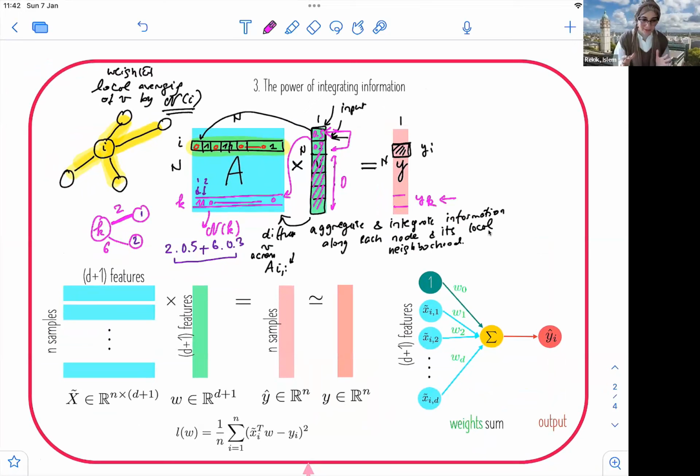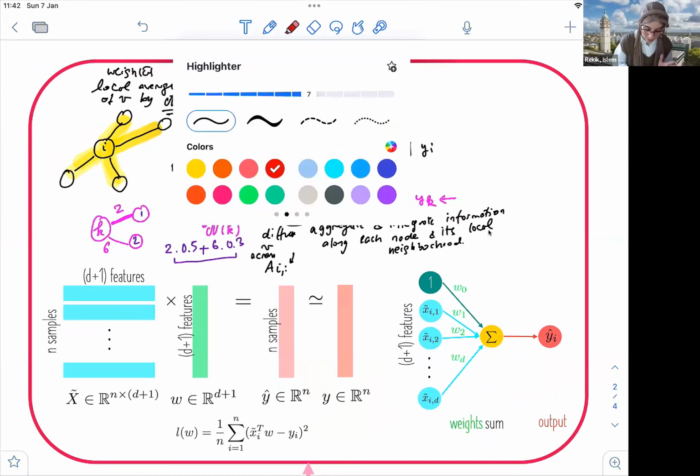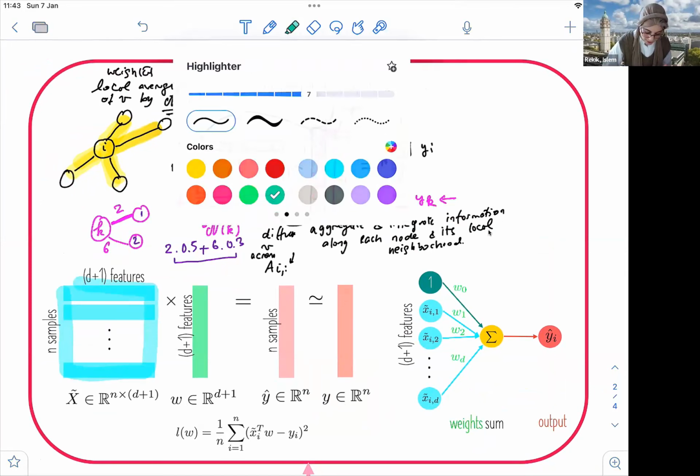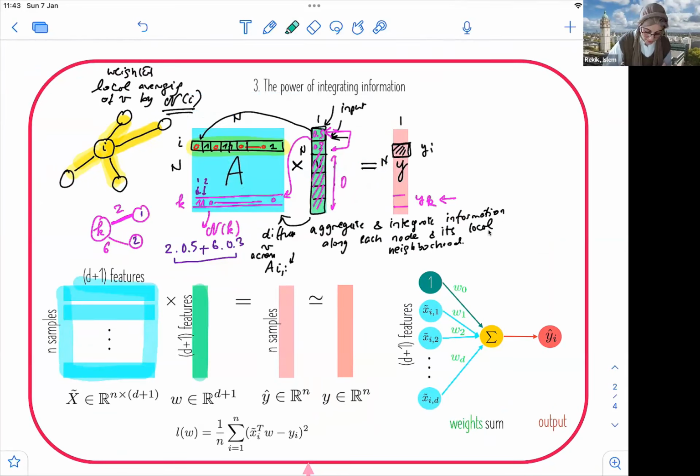What we have here is actually a very typical problem. We have a matrix, so this is our A matrix. And then we multiply the matrix by the vector. So we have a sort of information integration along the topology of this matrix, the rows of this matrix, of this input vector.